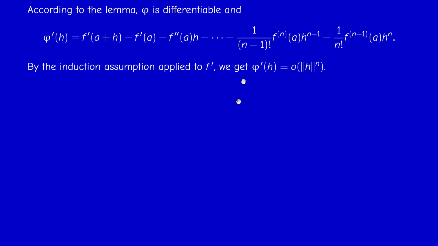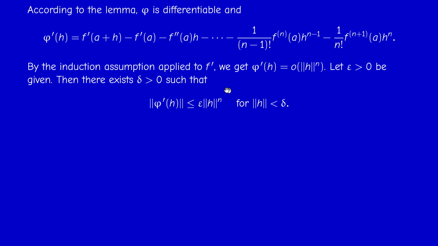So by the induction assumption, the difference between f prime and this polynomial is a small o of the norm of h to the power n. This means that given epsilon positive, we can find a positive number delta such that the norm of phi prime of h, and this is, by the way, the operator norm here from E to F, is less than epsilon times the norm of h to the power n for h less than delta.